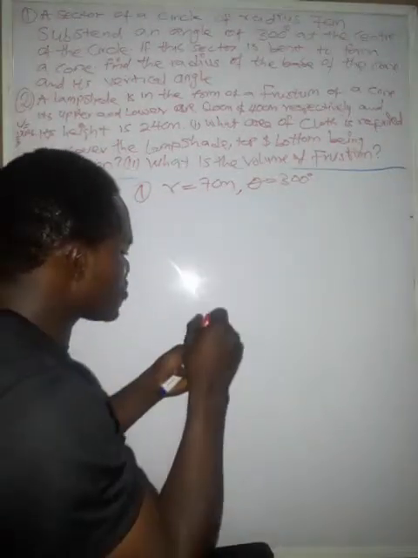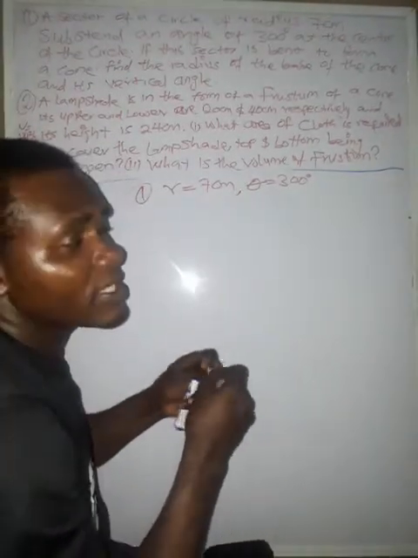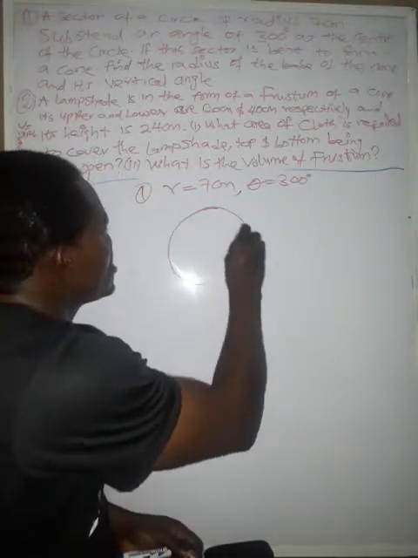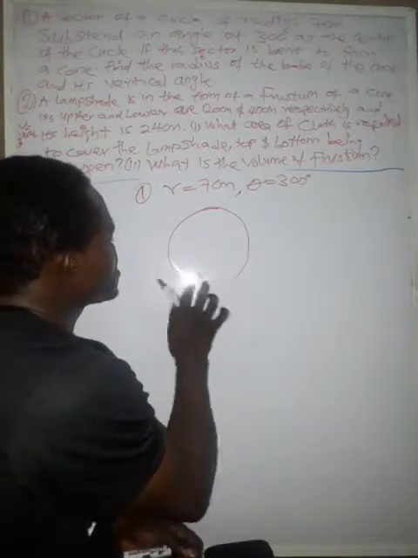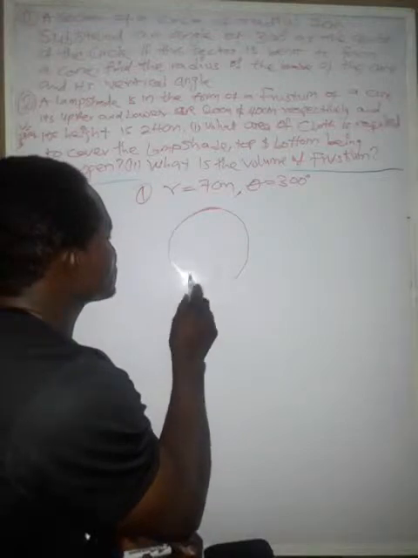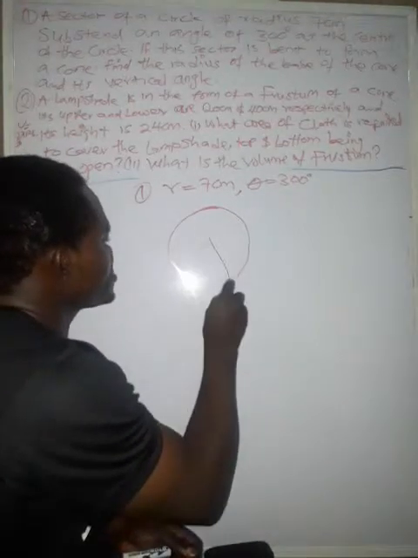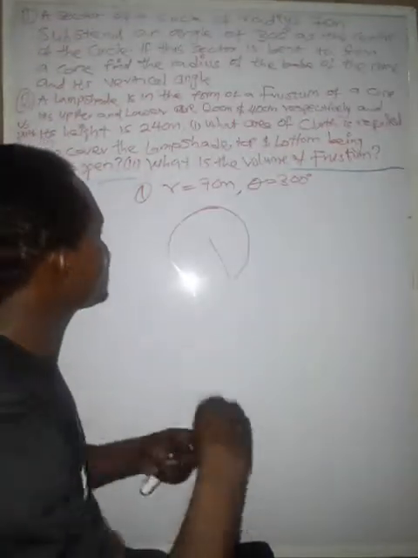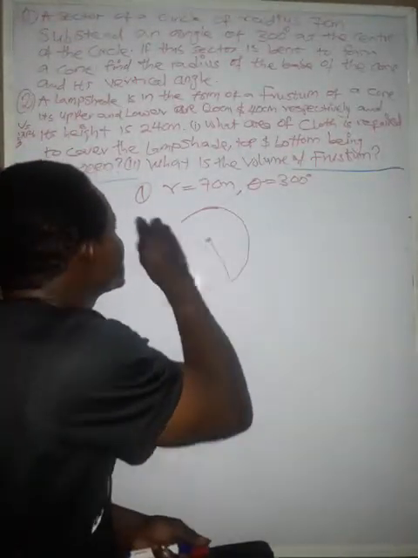So let's first draw the sector. I'm having a sector like this. Now I'm given 300, and don't forget the angle at a point is 360.